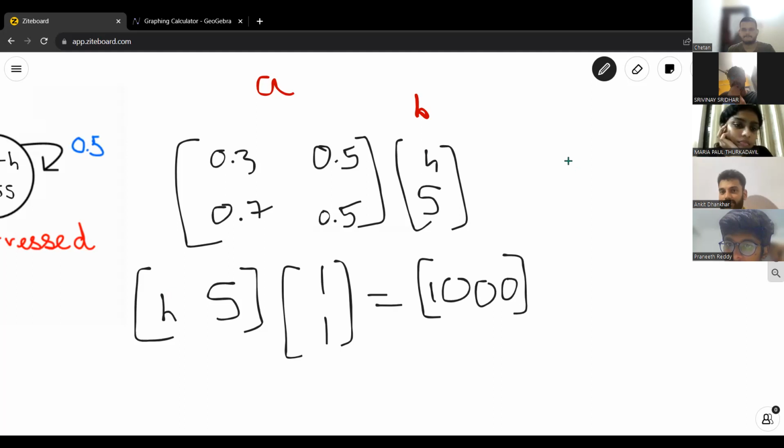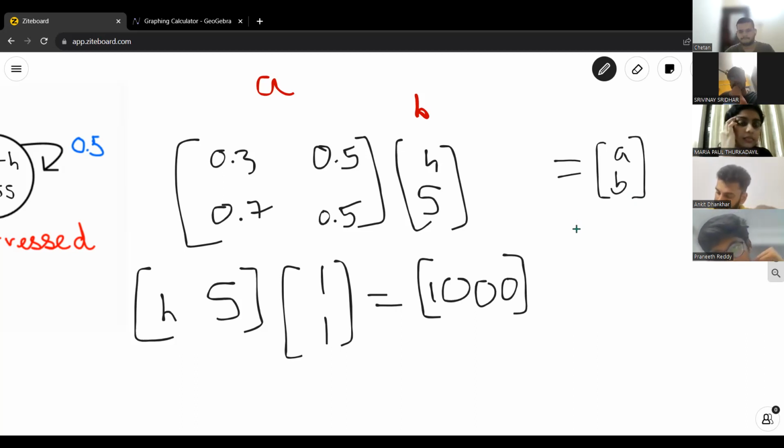So A x is equal to AB, right? It will give us an output, the vector AB. Now, if I write a row vector 1, 1 to the left of AB, actually that's why I wanted a little space. Did you understand?